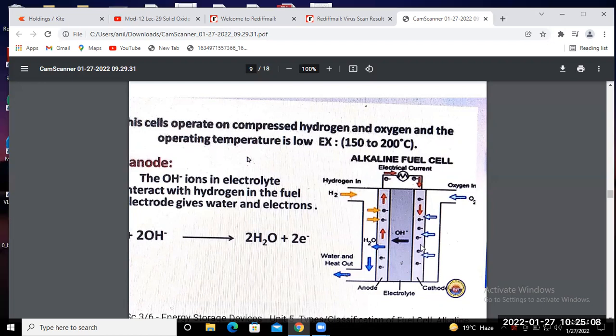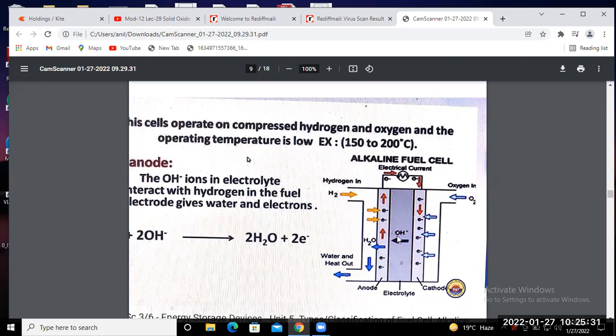The electrolyte uses the OH minus ion. At the terminal, the OH minus ion of the electrolyte interacts with the hydrogen in the fuel, and the electrodes give water and electrons.